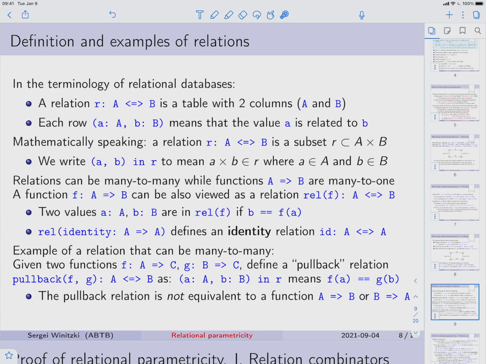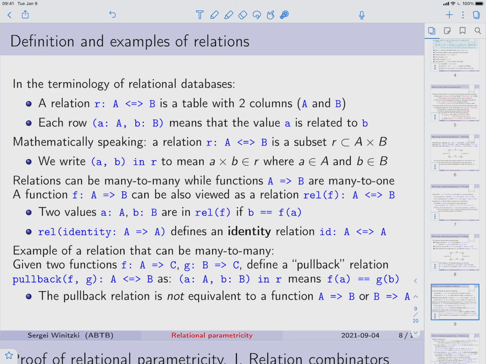So we'll have a number of rows showing which values A and B are in the relation. So mathematically speaking, this means we have a subset of the product of A and B. So all possible pairs AB are this set, the Cartesian product of A and B. They're all possible pairs, but we do not allow all possible pairs in this relation.